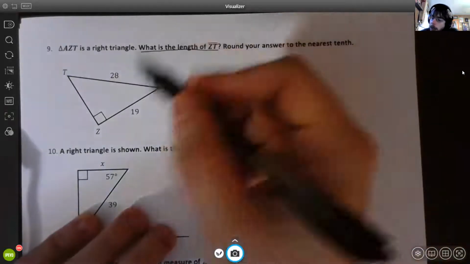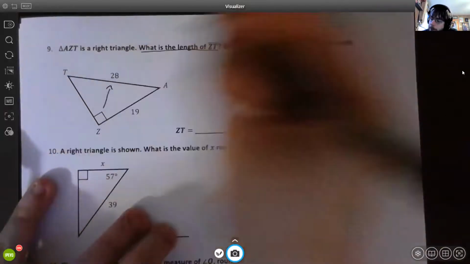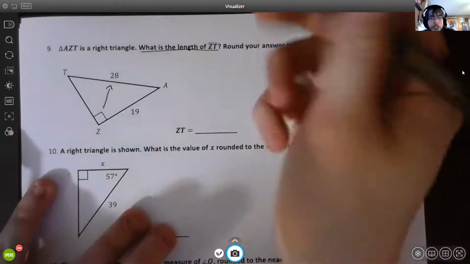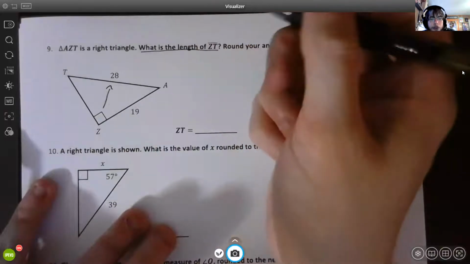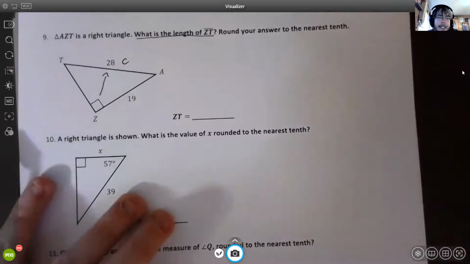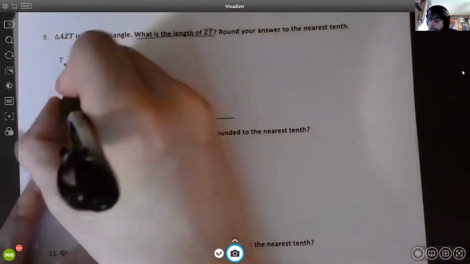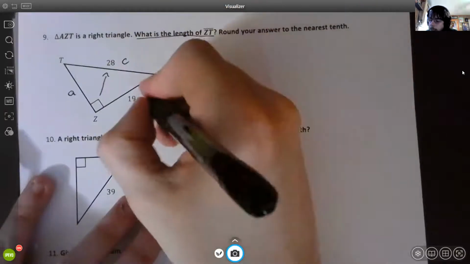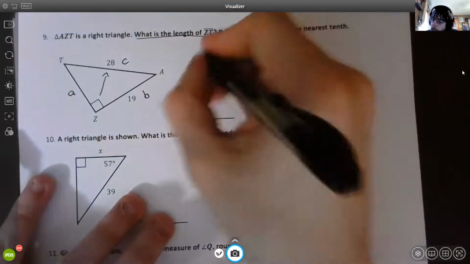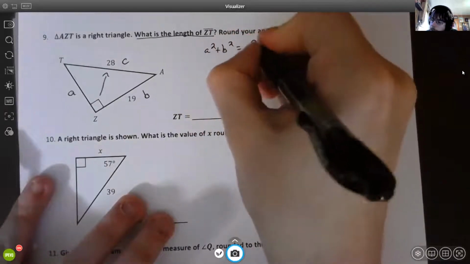So we need to label our values with A, B, and C. Our hypotenuse is labeled with C, and it's opposite from the right angle. So 28 is equal to C. I'm going to label ZT, our missing leg, as A, and 19 is B. Our Pythagorean theorem is A squared plus B squared equals C squared.